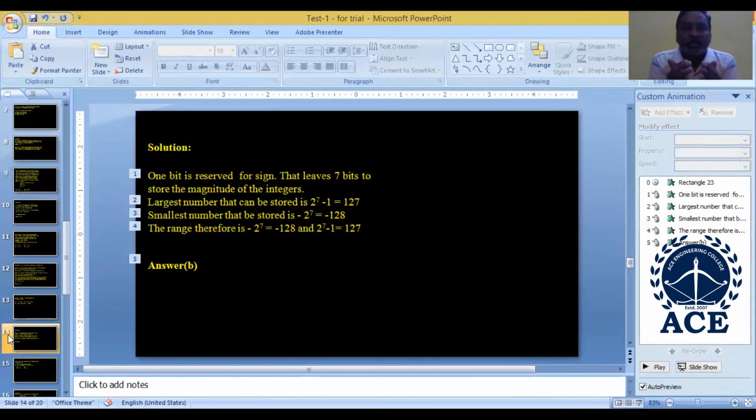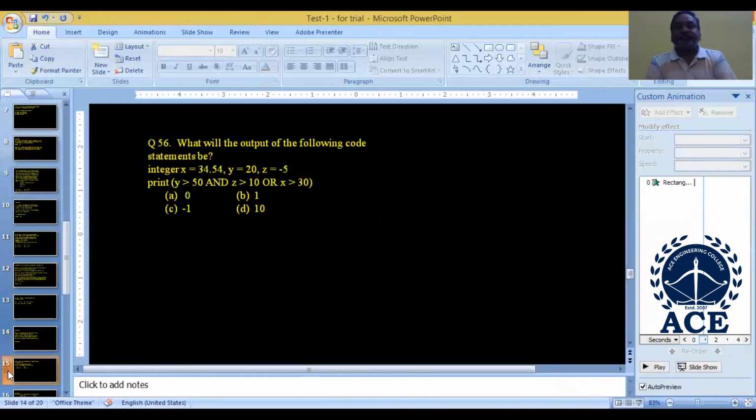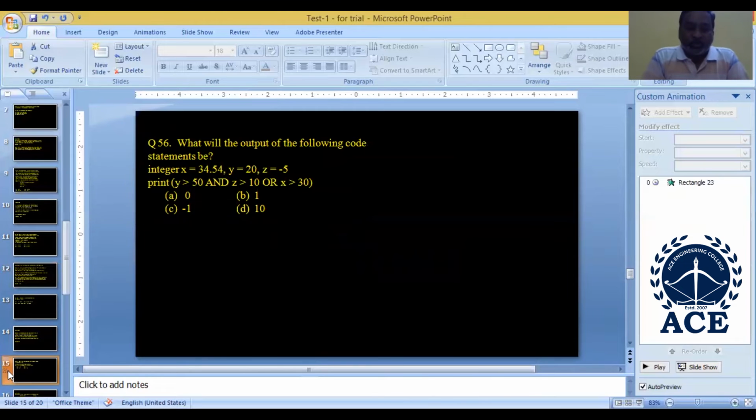In signed integers, when it comes to 0, there are two zeros, plus 0 and minus 0. Now, minus 0 has no meaning. So what is done is that minus 0 is replaced with minus 128. That's why it is minus 128 to plus 127. We'll go to the next question.